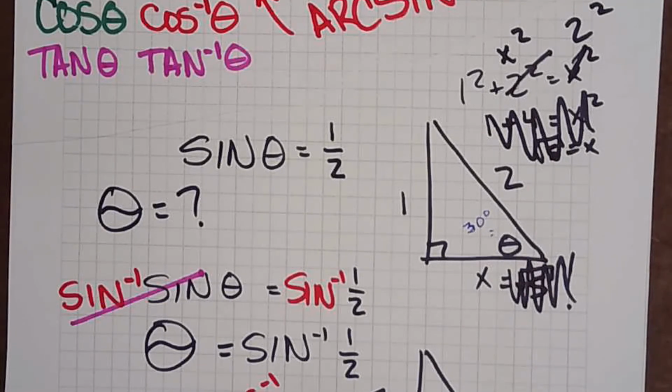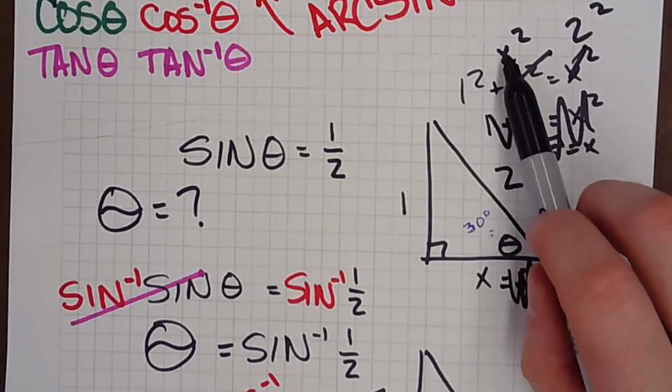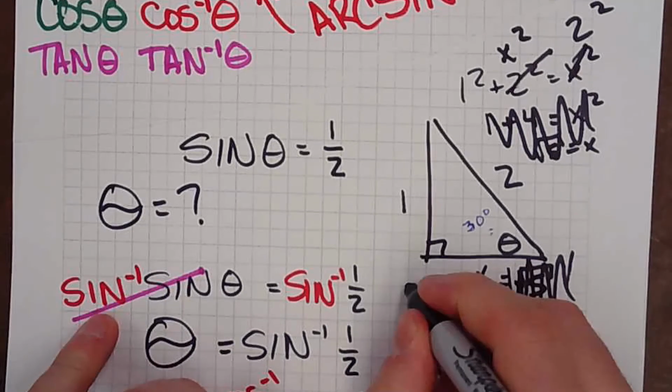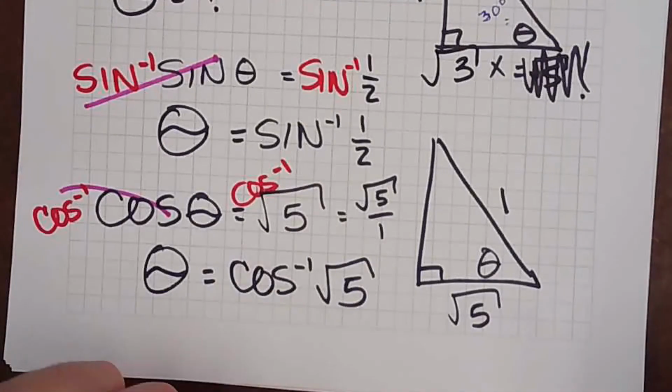Oh, you were onto it. I think so. 1 squared plus x squared equals 2 squared. What's x going to be? Anybody? Square root of 3. So this triangle is not possible.